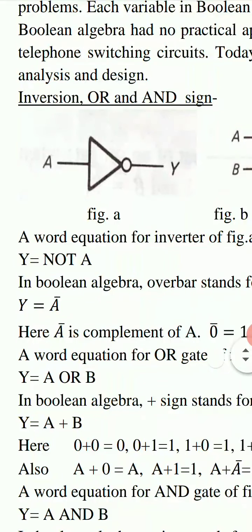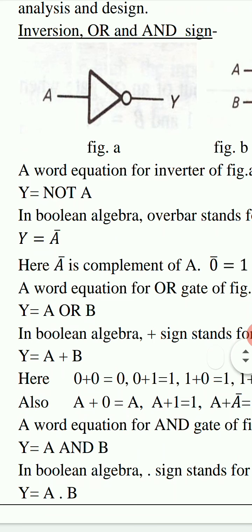First, we see inversion and the sign. Inversion means NOT gate. In Boolean algebra, we use some sign for NOT gate, OR gate, and AND gate.